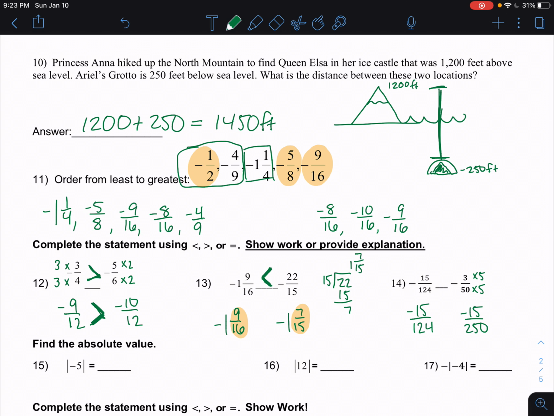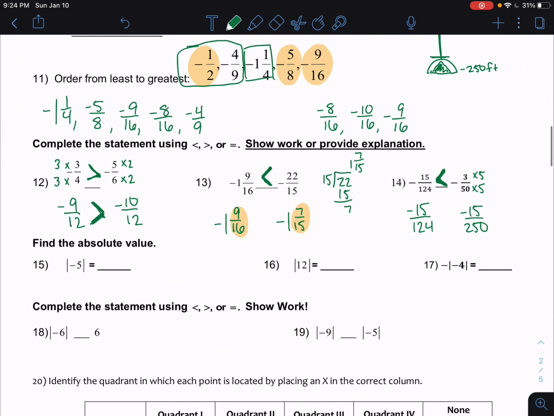So like if I have to share something like a pizza, do I want to share it with 124 people or do I want to share it with 250 people? And then when we're talking about negatives, the less people I have to share with, the bigger the slice is. So the further away from 0 I actually am. So I would want to share with 124 people, which means that those slices are bigger. That means that that number is further away from 0. So that was a tricky one.